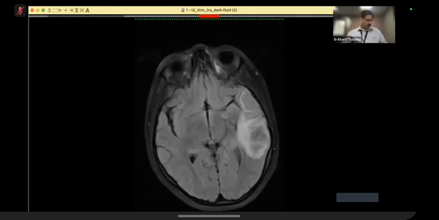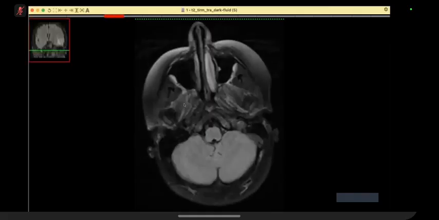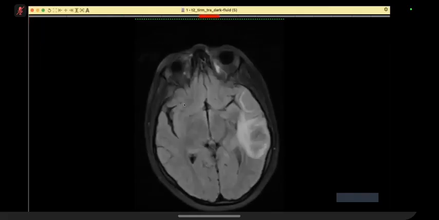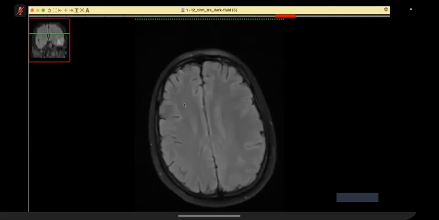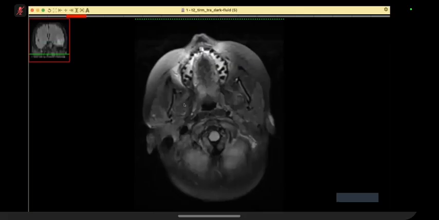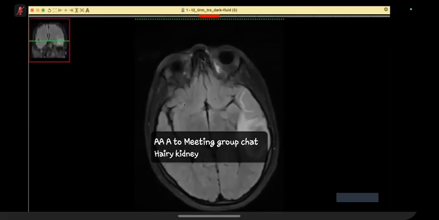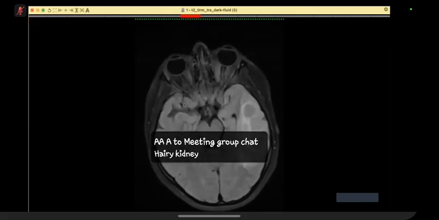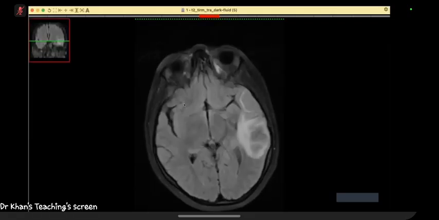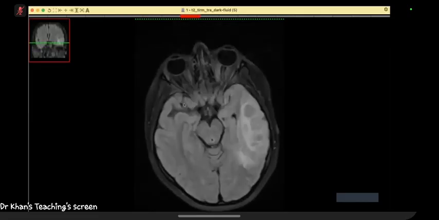Okay. I'm provided with the axial sections of T2 weighted images, a FLAIR sequence. I'm sorry, this is a FLAIR sequence. On the first scroll, I can see that there is a large area of hyperintensity involving the left temporoparietal convexity.